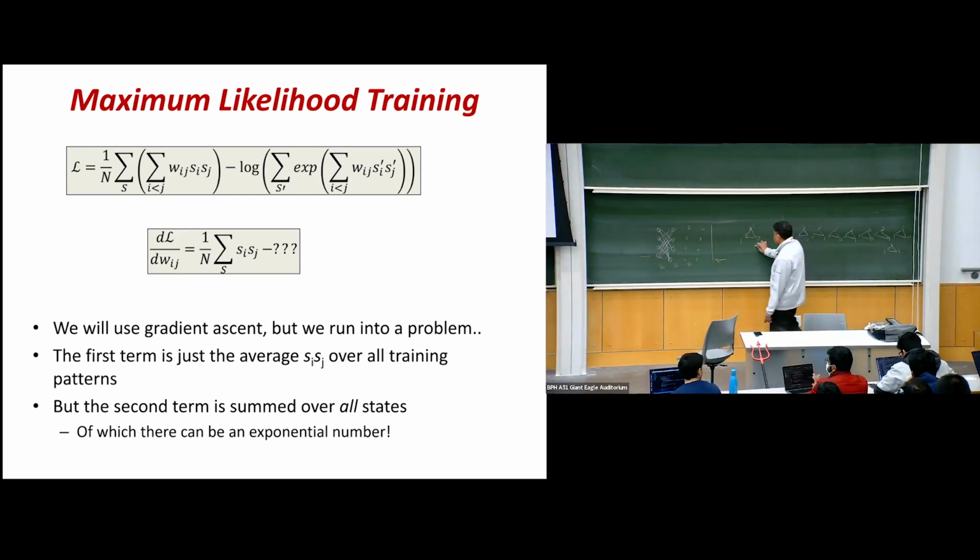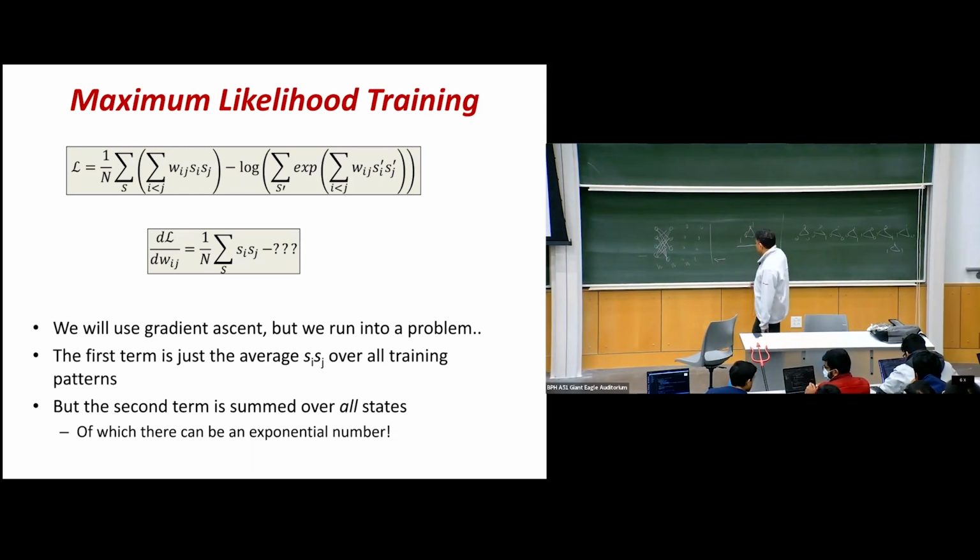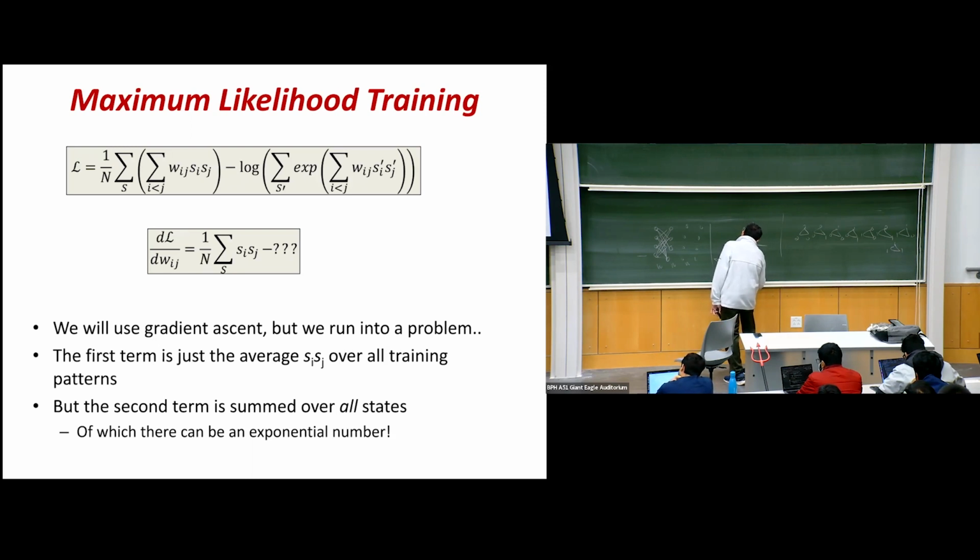And let's say I'm trying to store this pattern, right? So the first term over here is going to be, let me call these weights A, B, and C. It's going to be A times 1 times 1 plus B times 1 times 0 plus C times 1 times 0. So you're basically multiplying the pairs of bits by the weight, and you're summing over all of the edges for the target pattern. That's the first guy.